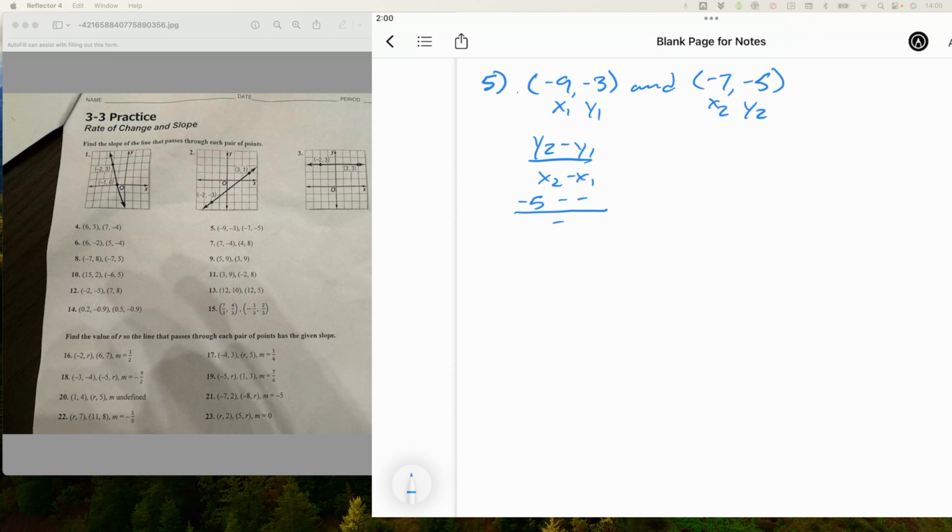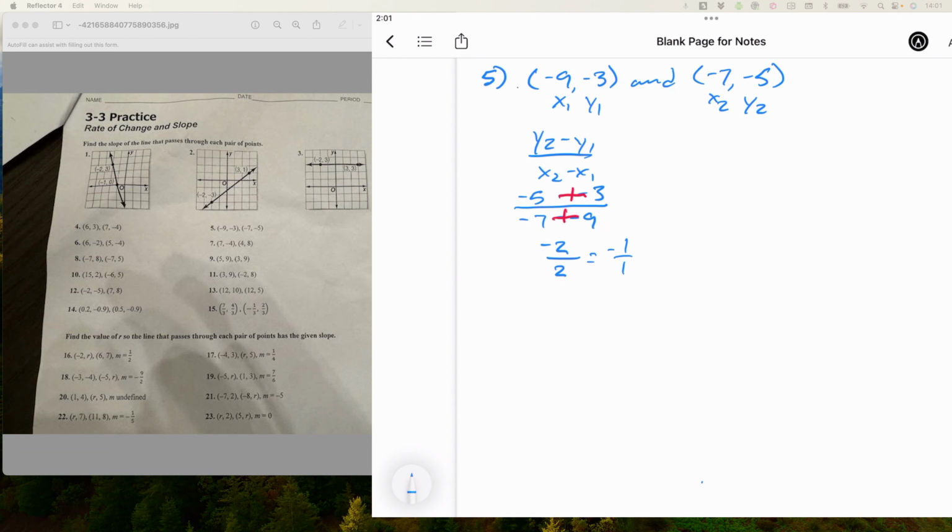Negative 5 minus negative 3, negative 7 minus negative 9. Both of those double negatives are going to become positive. Negative 2 over positive 2, which is equal to negative 1 over 1. Again, I would not provide my answer as a whole number. I always leave slope as a fraction personally. Okay, number 6.